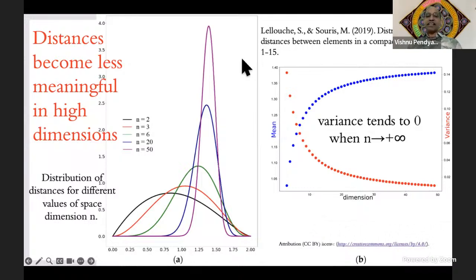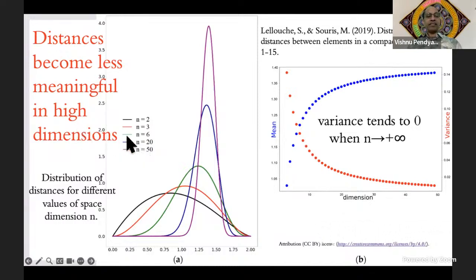So that is quite intuitive. But what is interesting is the red dots. The red dots represent the variance. As you can see, as the number of dimensions tends to infinity, the variance goes down to 0. So what does that mean? The variance of the distances. So that means most of the distances are pretty much similar, right? On the left-hand side, you can look at the normal distributions for these distances for various dimensions. When n is equal to 2, I think that represents this blue normal distribution.